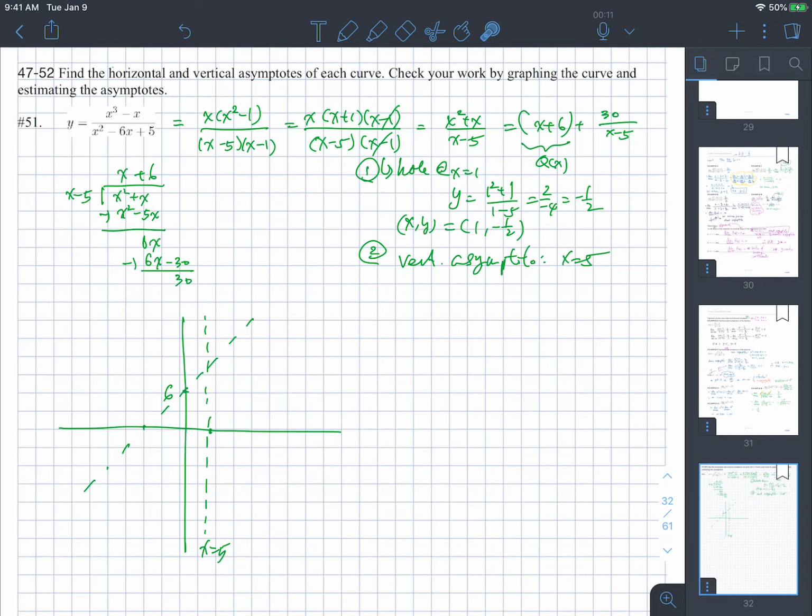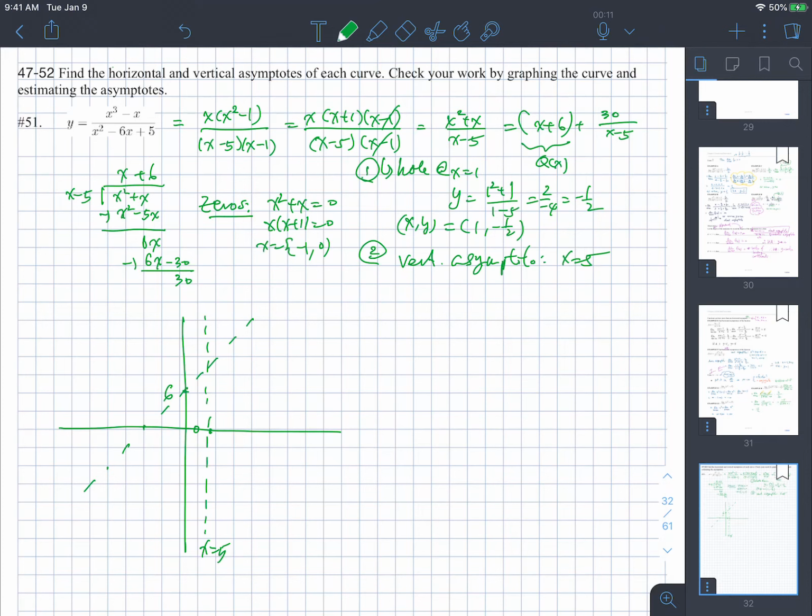Now, the problem is that 1 is a hole. So we have a hole right there. And then let's look at the zeros, guys, okay? Numerator is equal to 0. So they are negative 1 and 0.